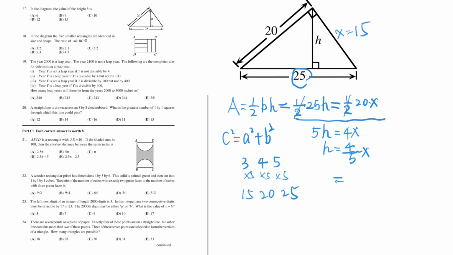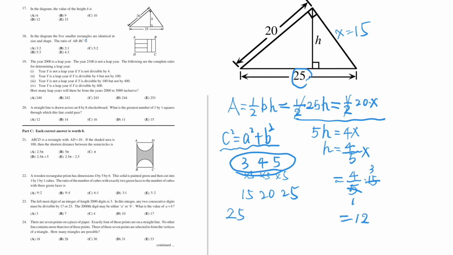So plug in x equals 15. 4/5 times 15, cancel the 5. That's 3 times 4. Therefore, the answer is 12. If you are not familiar with the Pythagorean triple, just use the Pythagorean theorem.